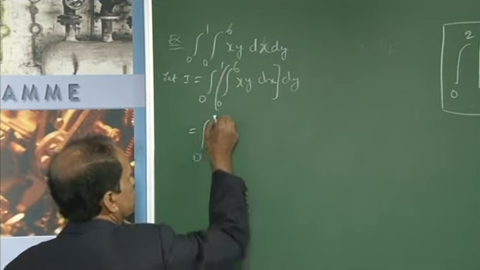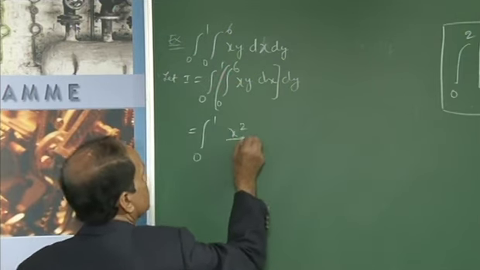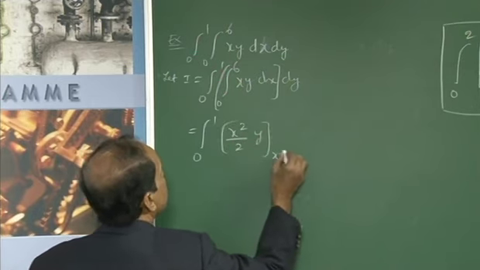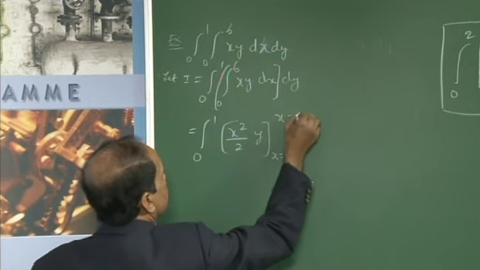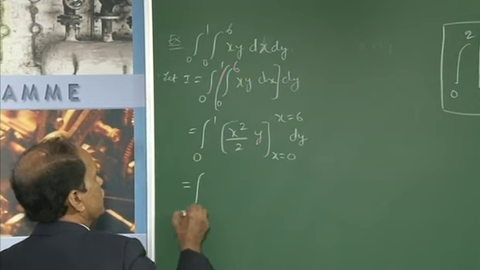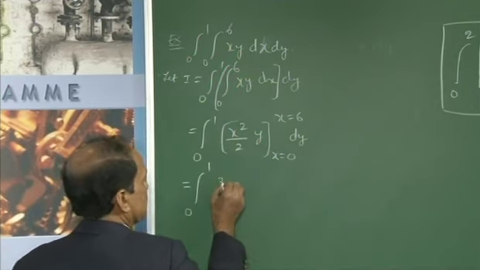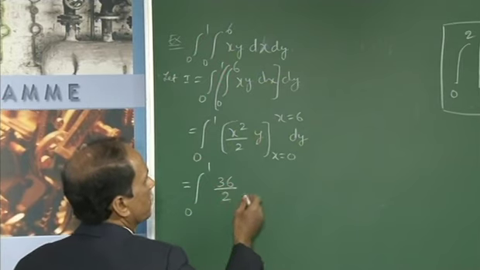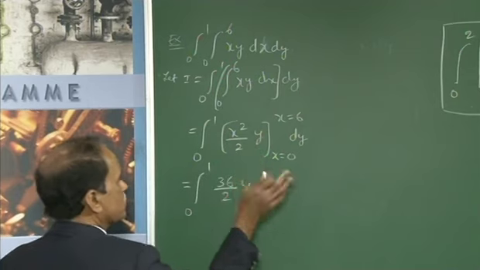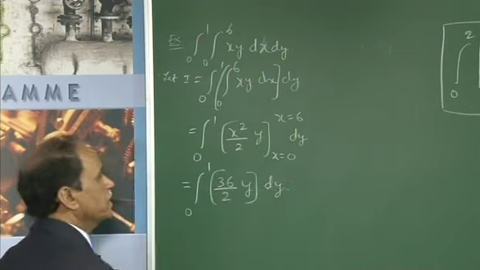Directly you take the integration with respect to x. Therefore, x square by 2 into y, where x equal to 0 and x equal to 6, and then it is dy. 0 to 1, x equal to 6, that is 36 by 2, and y minus x equal to 0. The second term won't exist at all. Then it should be dy.